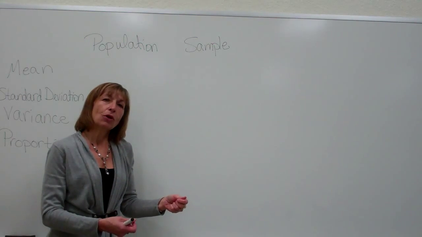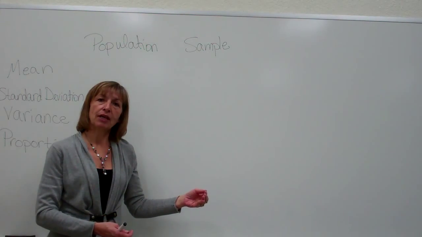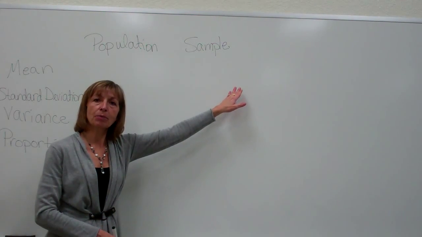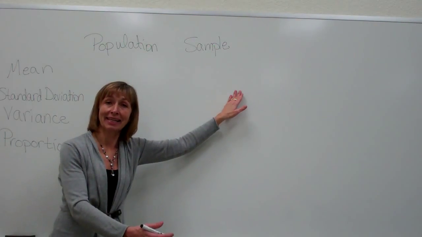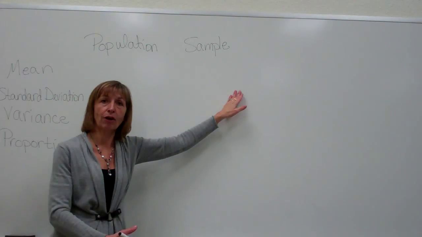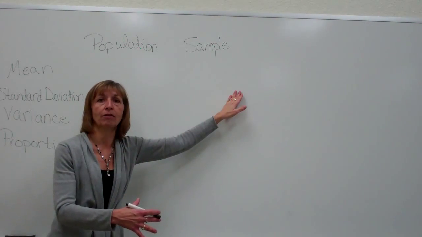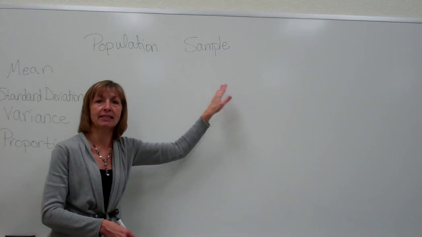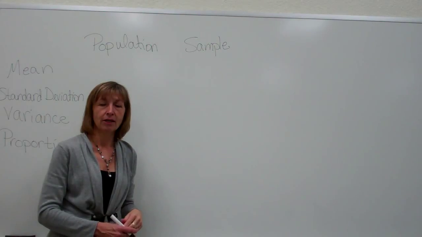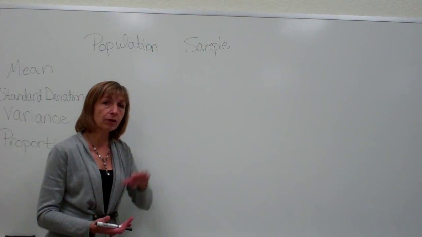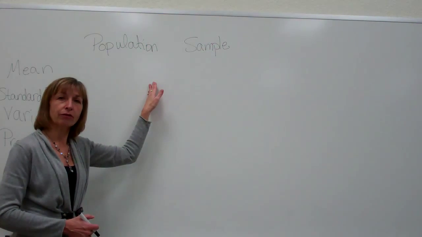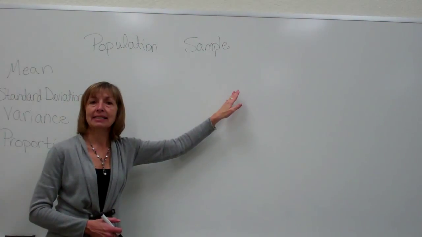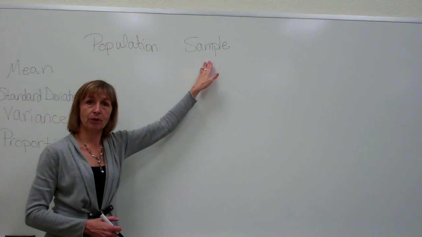So we call the information that we calculate from a sample a statistic, because it's gathered just from a subset of the overall population of data. So those are words to use. A parameter is a measurement calculated from the population, and statistics are from the sample.